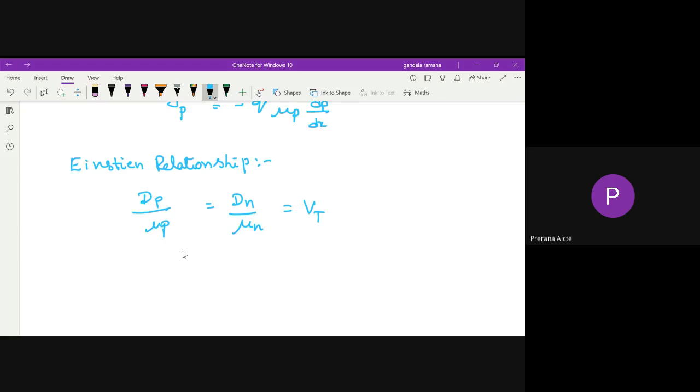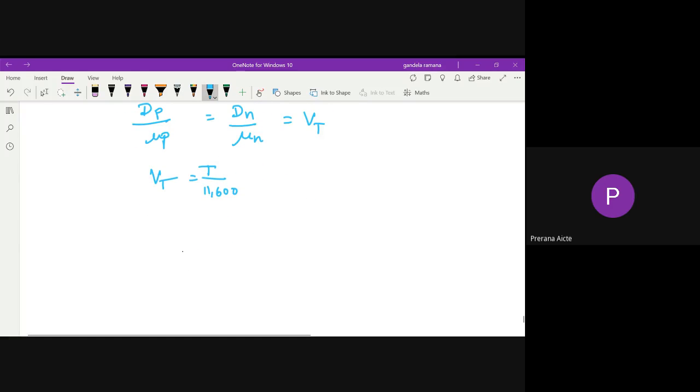Vt is equal to kT by Q, that is equal to T by 11,600. At room temperature, 300 degrees Kelvin, what is the Vt value?